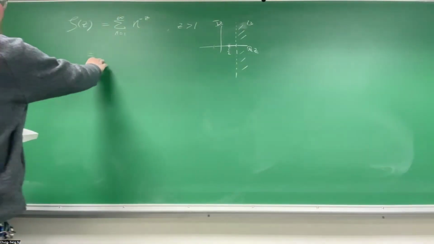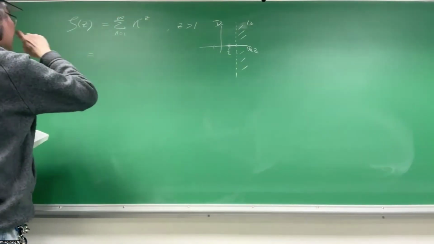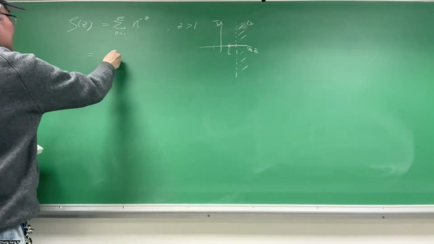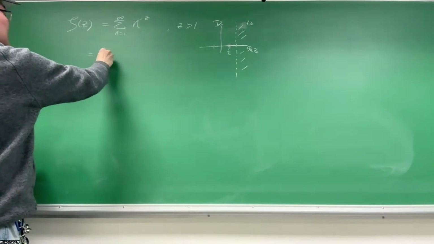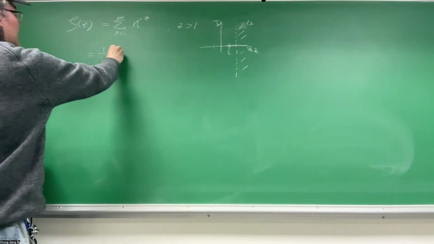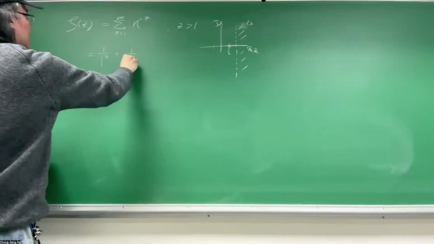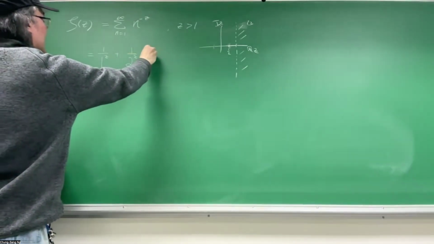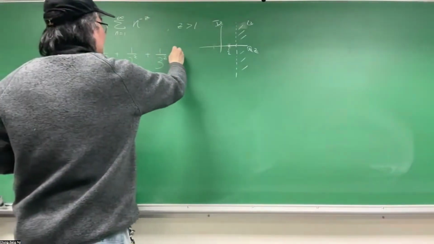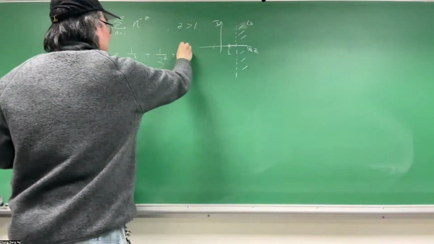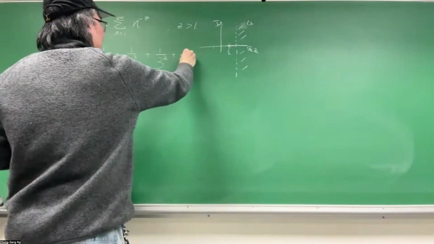Yeah, about 20 minutes. And just write out explicitly, the first term is 1 over 1 to the z, right? And then the second one is 1 over 2 to the z, then 1 over 3 to the z, and so on. Oh, I should add a little bit more.